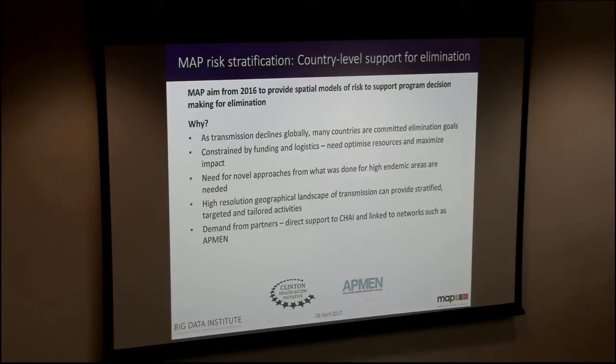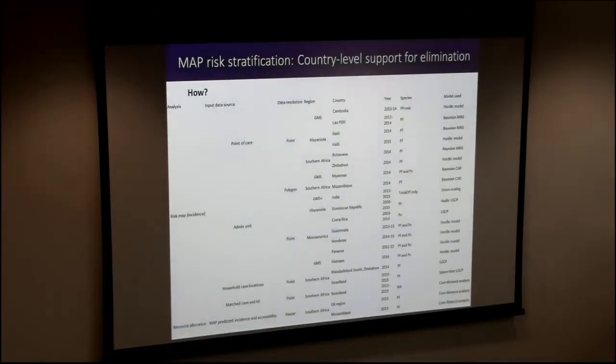And because we're working on a smaller scale, we want to produce high resolution geographic outputs so that we can very finely target our recommendations for what control strategies could be used. This work feeds directly into national control programs through our partnership with the Clinton Health Access Initiative, and connects to networks that we have, such as the Asia-Pacific Malaria Elimination Network.